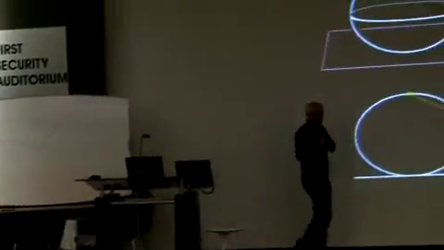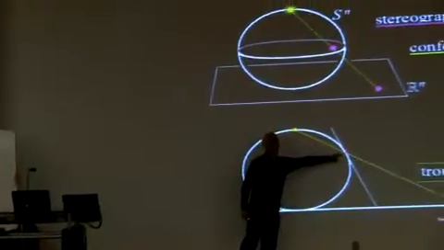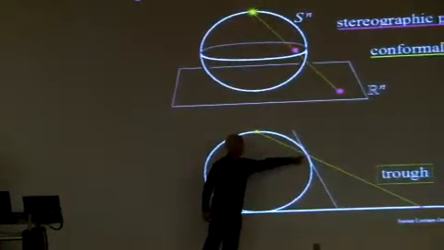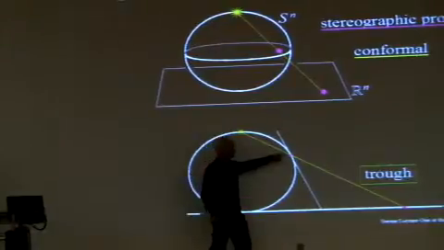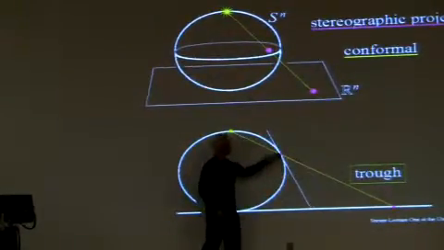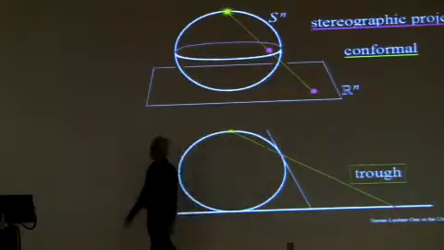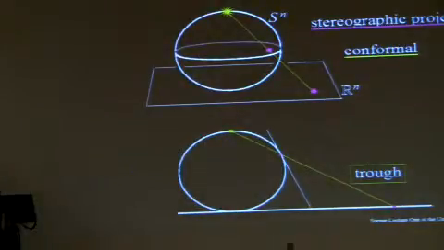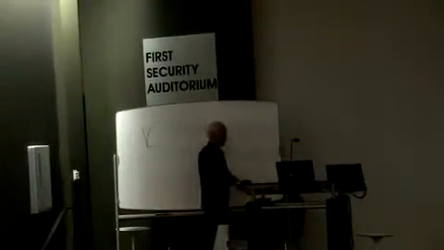So the correct order of events is I take a couple of tangent vectors here on this plane, and I want to see what happens to those tangent vectors when I push them into the plane. So I take the two tangent vectors and I use them to define the two sides of my trough. Okay, and then push it in.